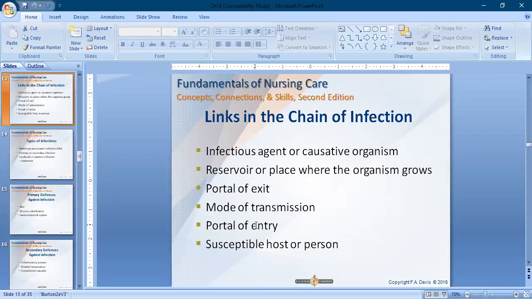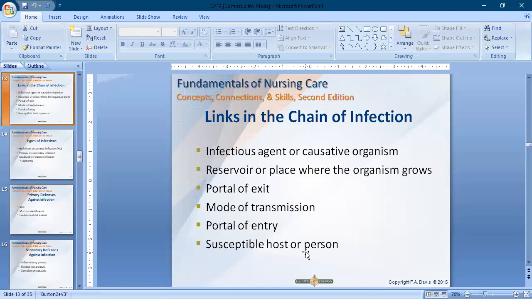Last one, the portal of entry. So portal of entry means how the bacteria enter the new host, and the host is called the susceptible host.